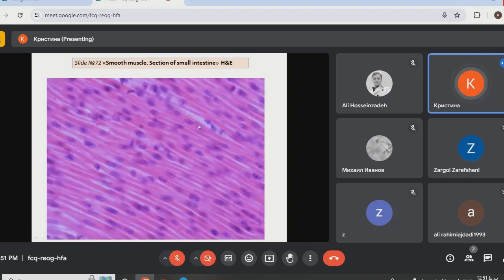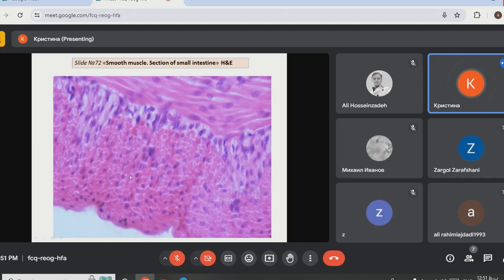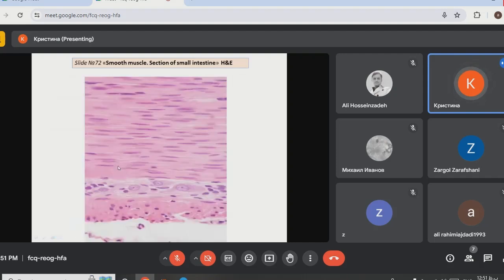The same at high magnification, you can see here elongated spindle-shaped cells, and here cross sections of them. Another preparation of the same, also elongated cells with elongated nuclei, and here they are in cross sections. Some of them have sectioned nuclei, some of them do not have nuclei in this particular section.